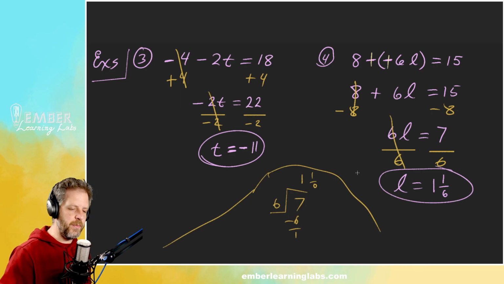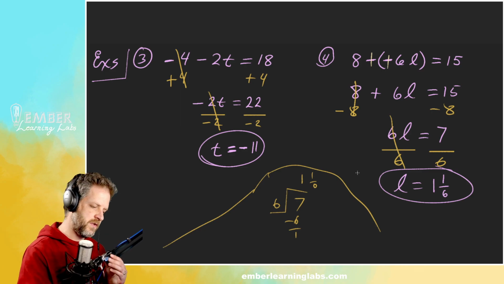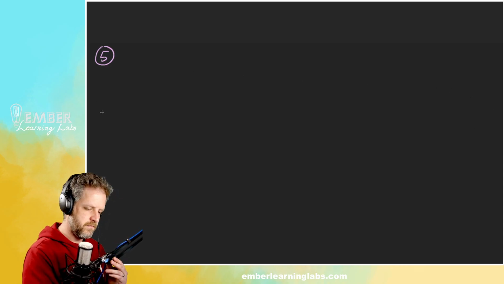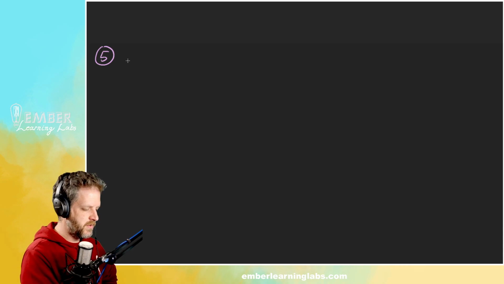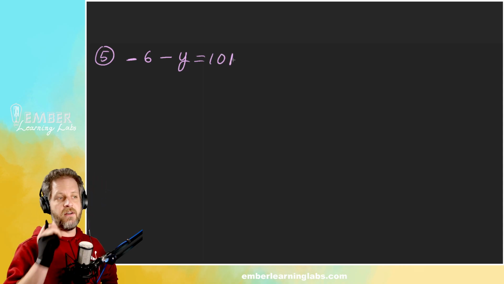All right, let's do a couple more like these, and then we'll do some more GPs. Let's do -6 minus y equals 101. So what do we want to get rid of first?